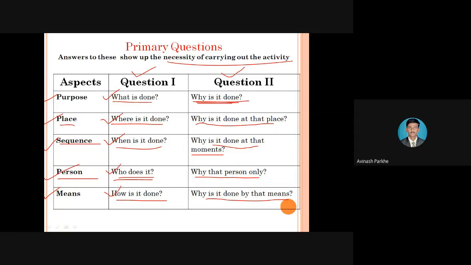But in question number 2, only why is asked. So in this question answering, whatever critical examinations we are applying, all the 5 WHs are present. Along with those 5 WHs, the capital H represents how. This how question is also present.